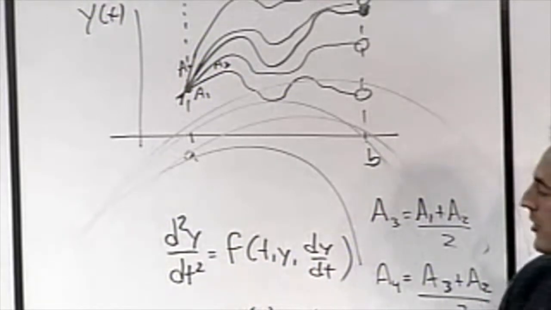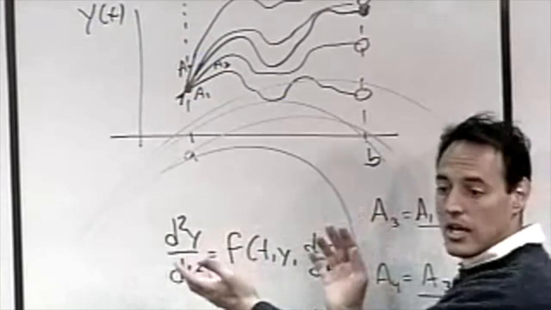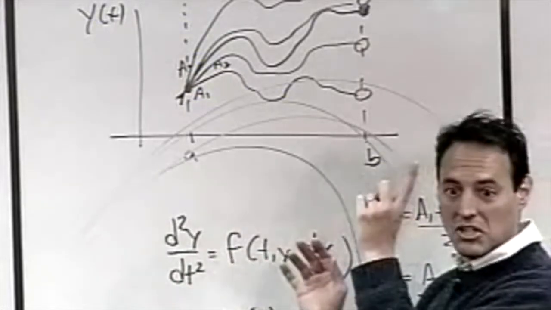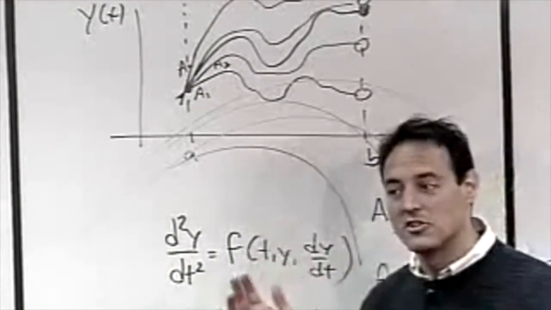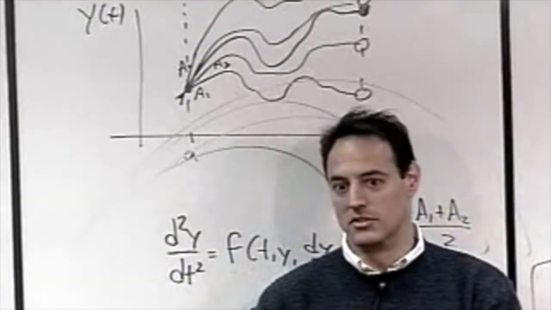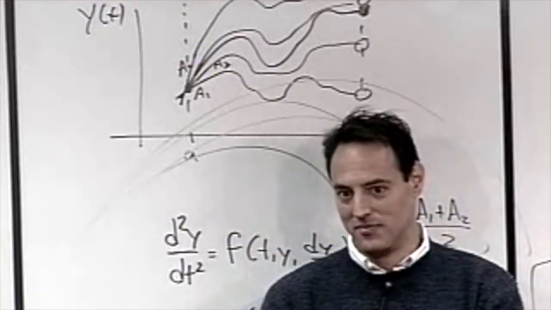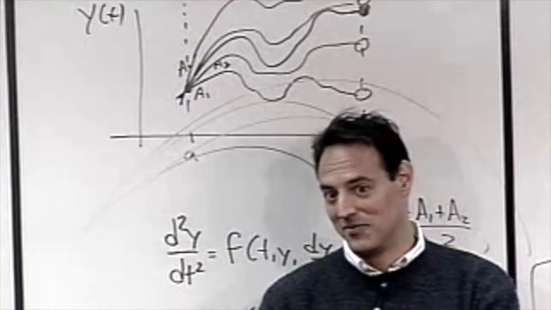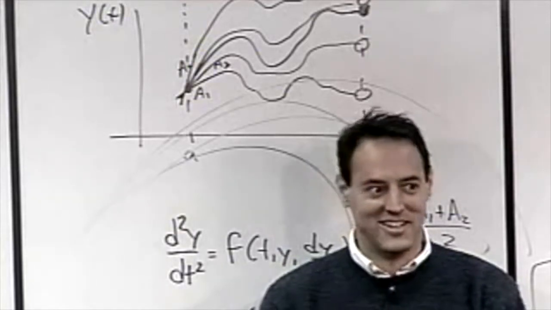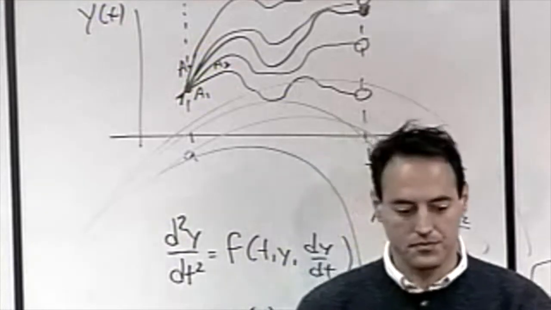The direct solve method does a Taylor expansion of everything, and what you end up getting out of it is AX equal to B, a big linear system of equations. That's if it's linear. If it's nonlinear, you get a nonlinear system of equations. Typically, you don't want to solve nonlinear systems of equations if you can avoid it. There's no guarantee that you'll get an answer. There's no guarantee there is an answer. All these kinds of issues come to haunt you. But we will consider the other methods.